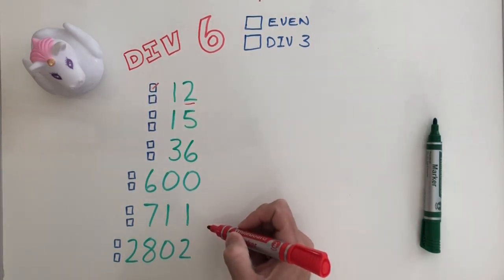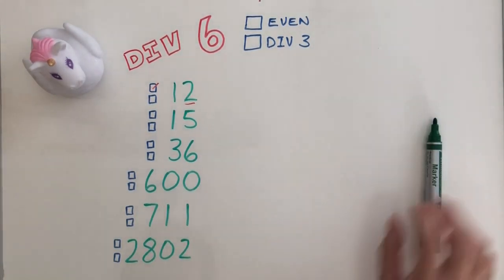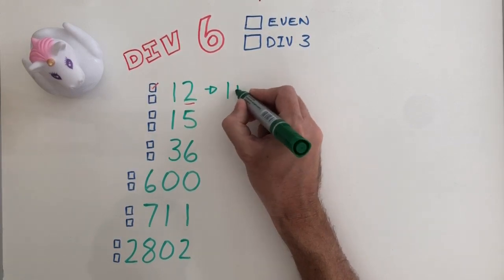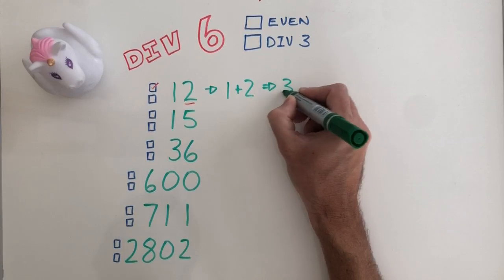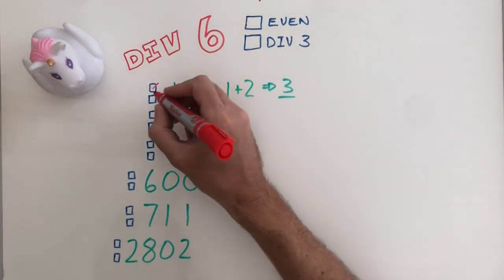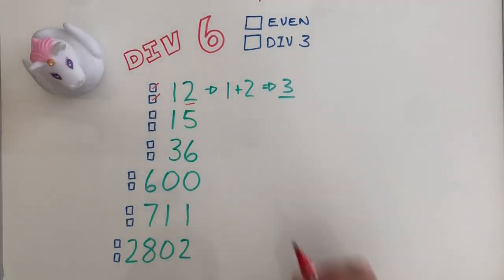Then I can check the next one, which is if it's divisible by 3. For the divisibility by 3 test, I just add the numbers. 1 plus 2 is 3. Is 3 divisible by 3? Yes. So in this case, both are correct, and 12 is definitely divisible by 6.